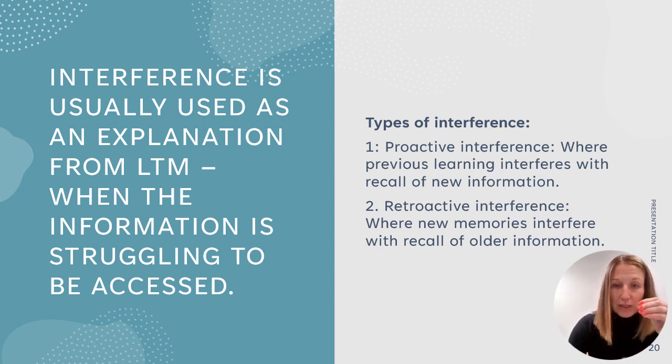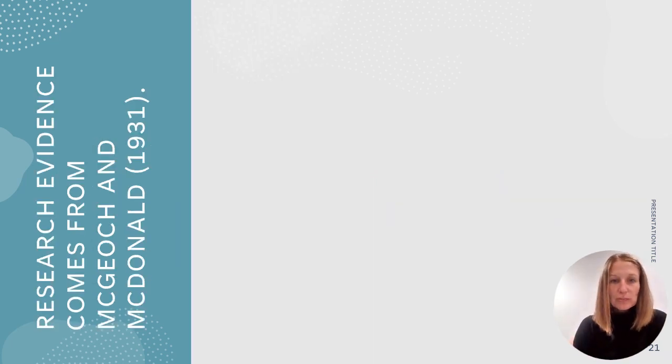Proactive is previous learning interfering with the new learning, and retroactive is where new memories interfere with the recall of older learning. So think PP for proactive, and retroactive for older. Proactive is interfering with the new, retroactive is interfering with older information, and try and think of examples of those.